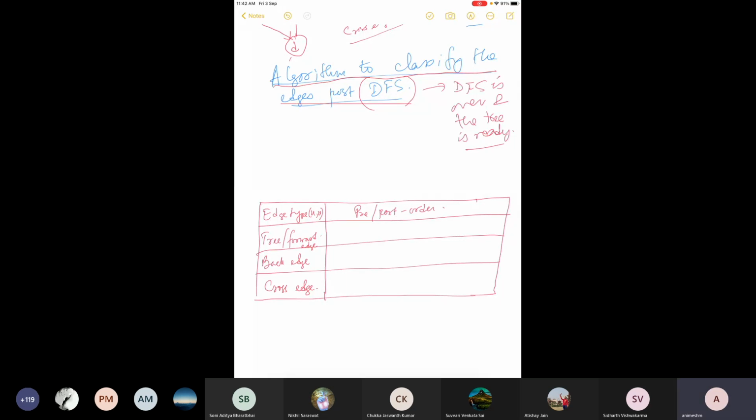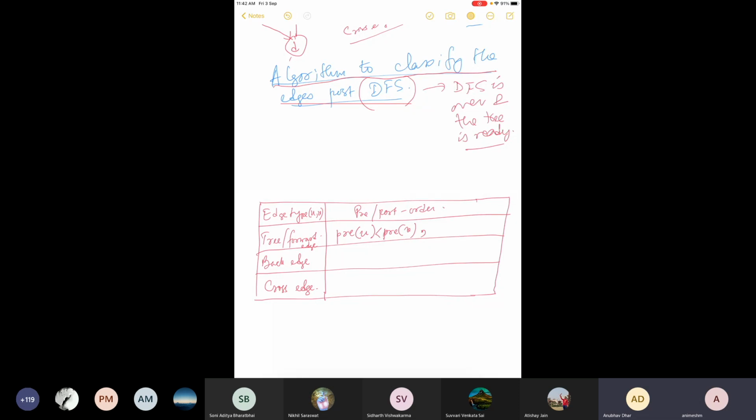What will be the relationship between the pre-order numbering of U and the pre-order numbering of V? Pre-order of V should be greater than the pre-order of U. So you want to say pre-order of U is less than pre-order of V.